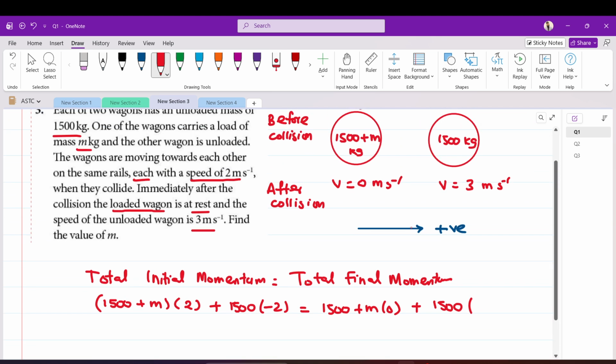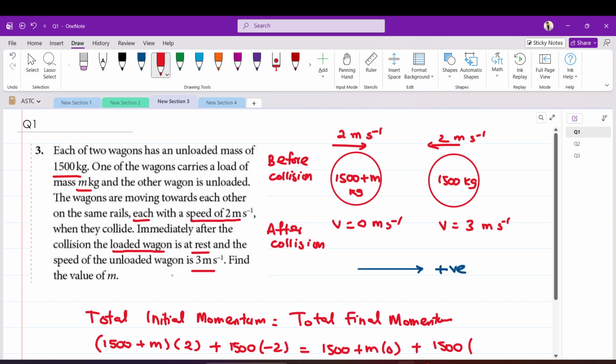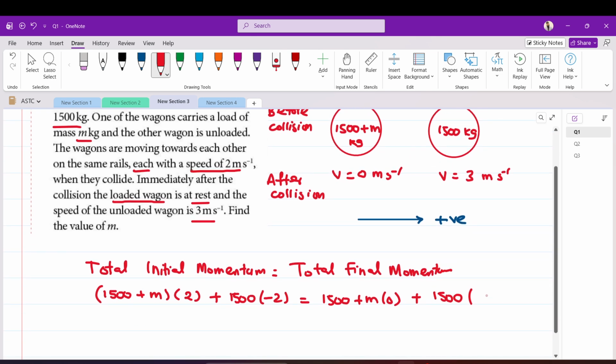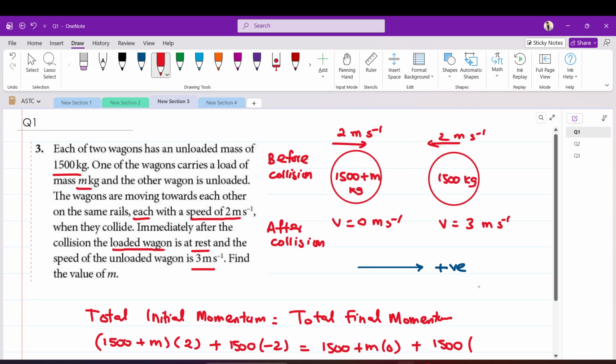times the velocity. It says immediately after the collision, the loaded wagon is at rest and the speed of the unloaded wagon is 3. Here it hasn't specified whether the speed of 3 meters per second is towards the left or towards the right, so we will consider this to be towards the right.